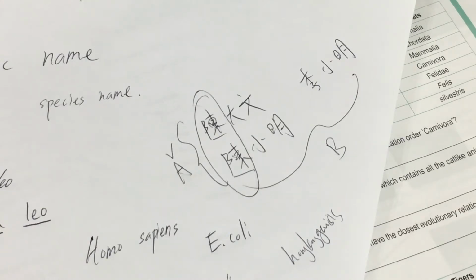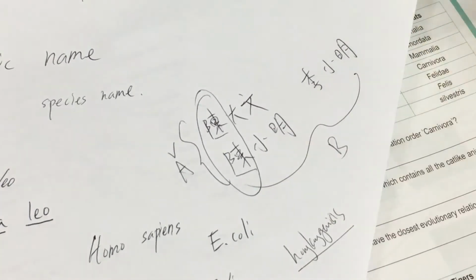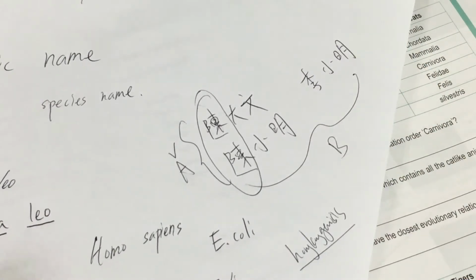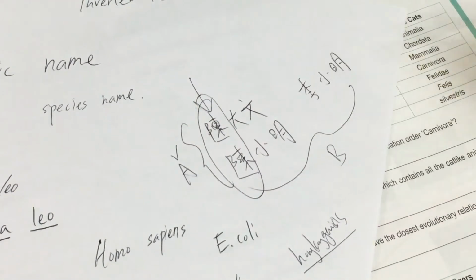But some can be a frog, some can be a tree, some can be a kind of insect. In fact, they are very different, but as they are found in Hong Kong, their species name is the same. But if you think about structural differences and evolutionary relationship, we look at the genus.